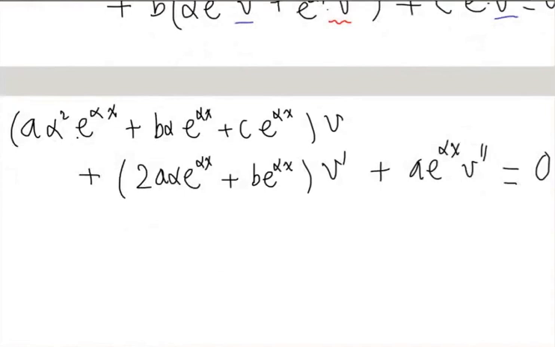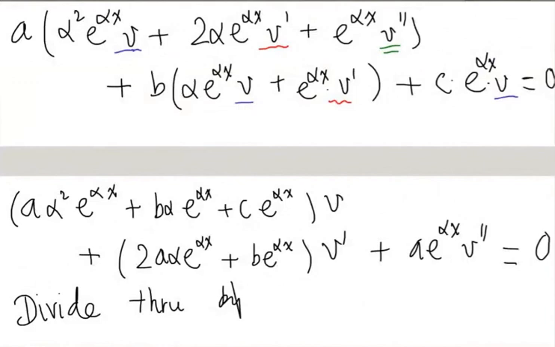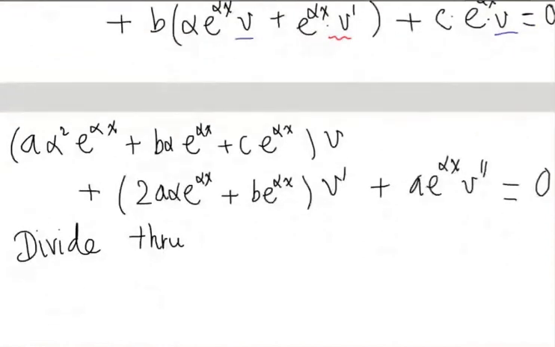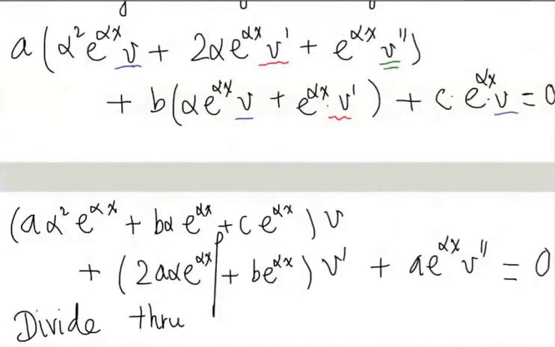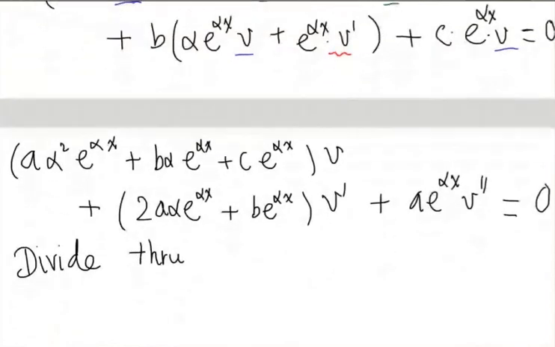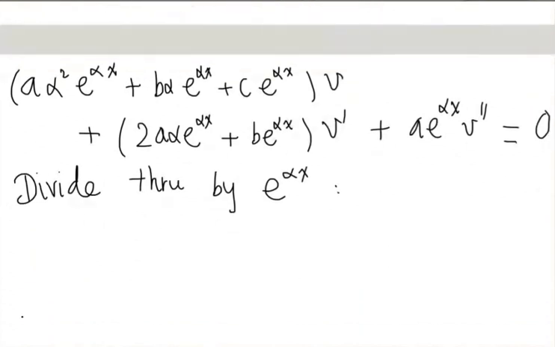Now we see that everyone here has a factor of e to the alpha x. So let's divide through by e to the alpha x. Then what do we get?